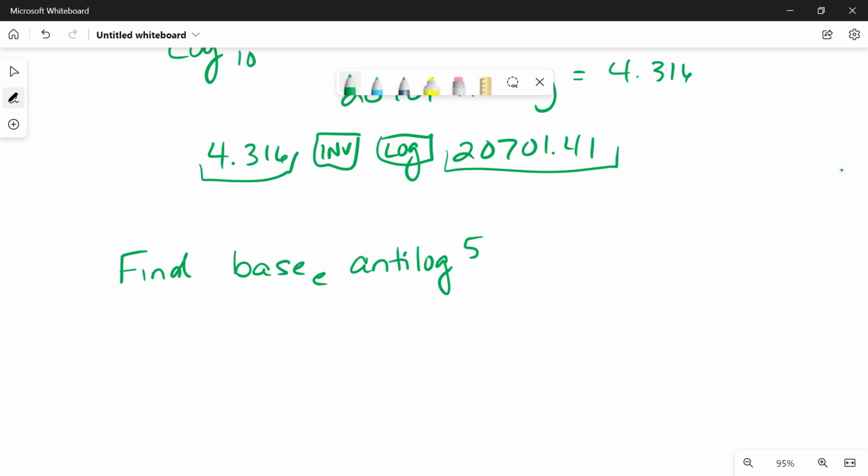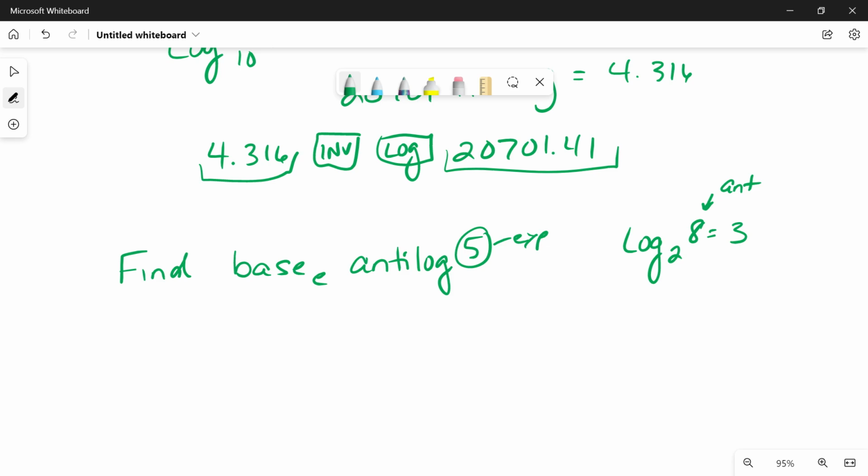Remember that when I had log base 2 of 8 equals 3, the 8 is the antilog. So now I've got base e, and I'm wanting to find the antilog of 5. This 5 is my exponent. Remember that idea? That's my exponent there.